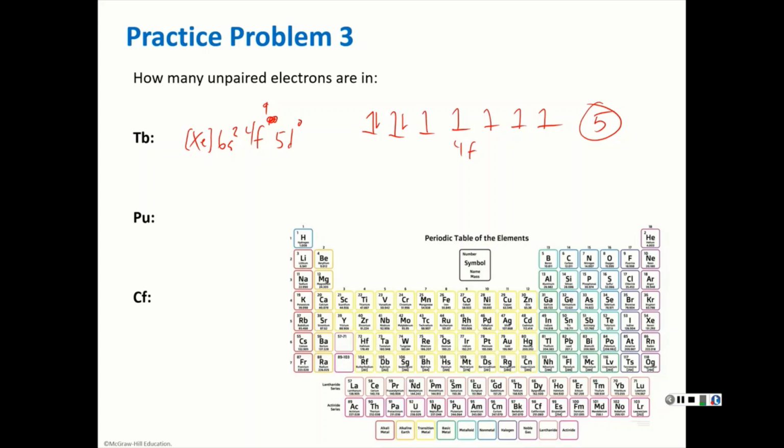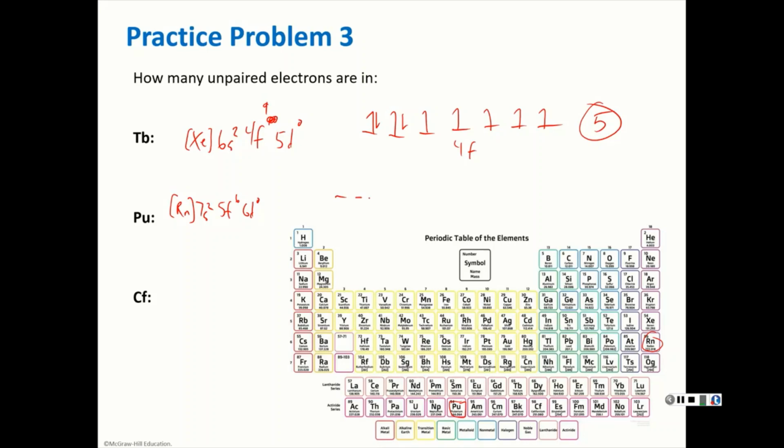Okay, looking at plutonium, Pu. This is an actinide, so the preceding noble gas is radon, Rn. We have 7s2 and 5f6, and again 6d0.